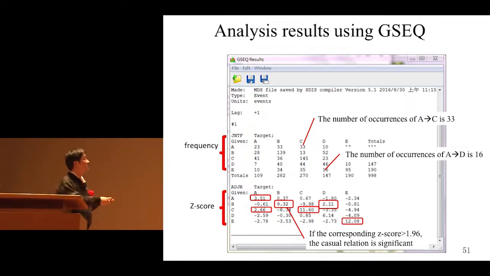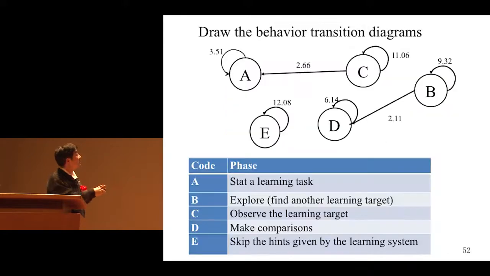This is the first table, the number of occurrences from one behavior to another. And this is the z-score table. Based on the z-score table, as I have mentioned, if the z-score is bigger than 1.96, that means the relationship is significant, so we can draw it in the behavior transition graph.